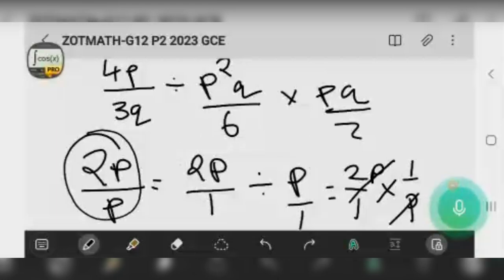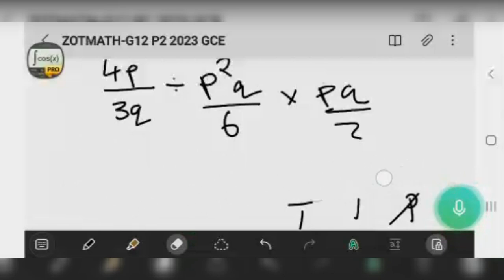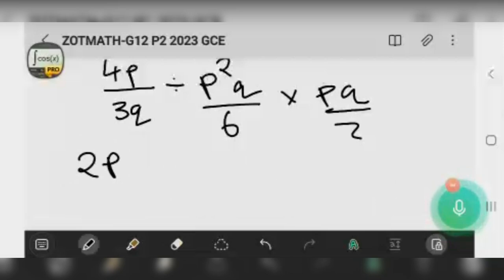Is it making sense? So now, talking of 2p divided by p, why the answer is not p, why it's 2, it's because this and that one has cancelled and you remain with a 2.